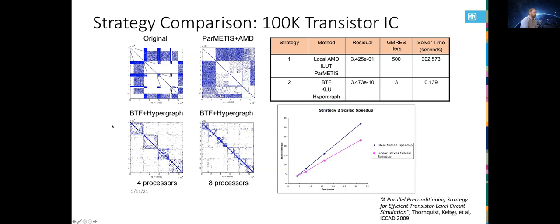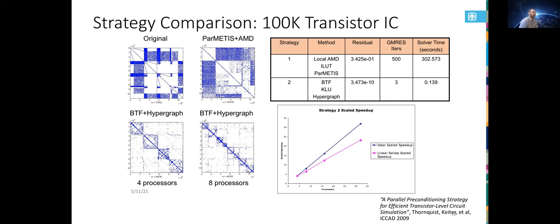The bottom 2 pictures show what the matrix looks like on 4 processors or 8 processors once we've done the BTF plus hypergraph partitioning. Just by looking at these, it looks like it's going to perform pretty well in parallel. Almost all of the information in the matrix is contained within those blocks near the diagonal. And in our experience, it did work really well. For a lot of these circuits, we got really great speedup.